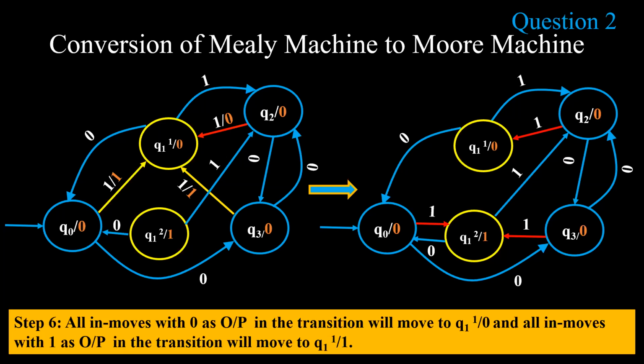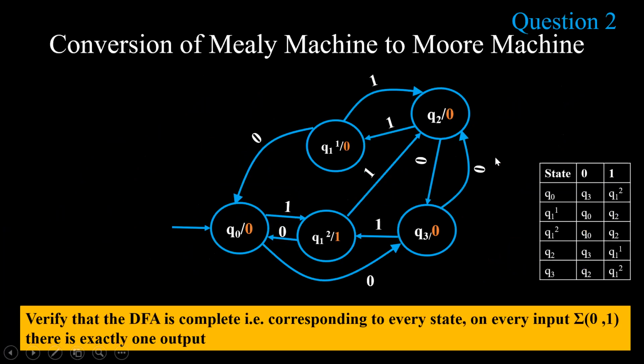So this is how we split and generate a Moore machine corresponding to a Mealy machine if there were more than 1 outputs. Just see this. Corresponding to 1, we are moving here. There was a move on 0, which we are moving here. So this is the final output.